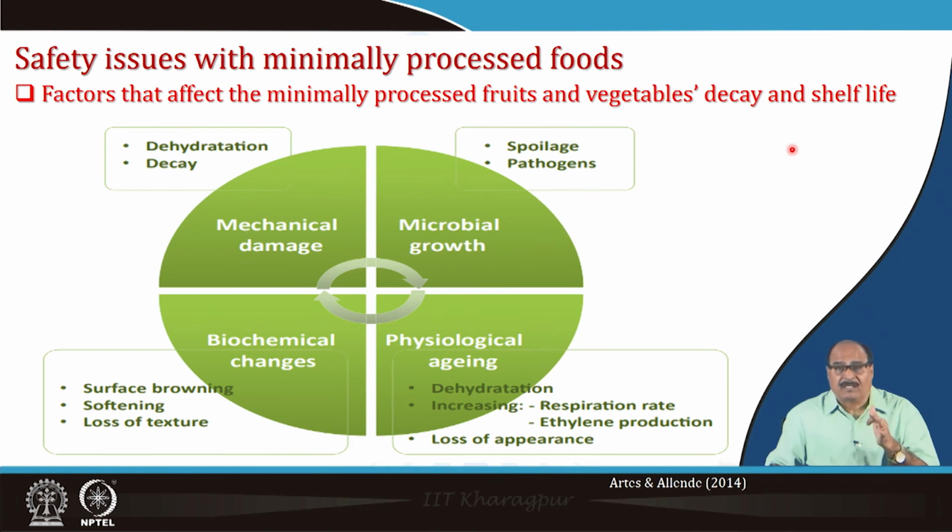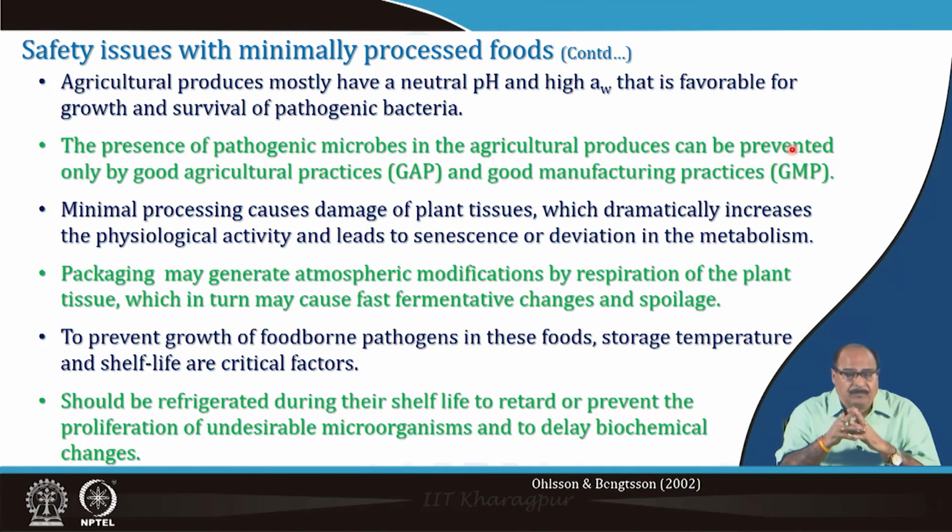That way there are no safety issues; it is safe to consume, but at the same time it is good. Agricultural produce mostly has a neutral pH and high water activity, which is favorable for the growth and survival of pathogenic bacteria.